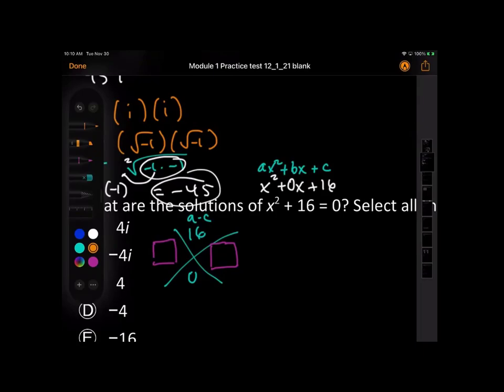All right, take a look at this. 4i and negative 4i. If you add those together, this will equal 0. But if you multiply those together, you will get negative 16i squared.